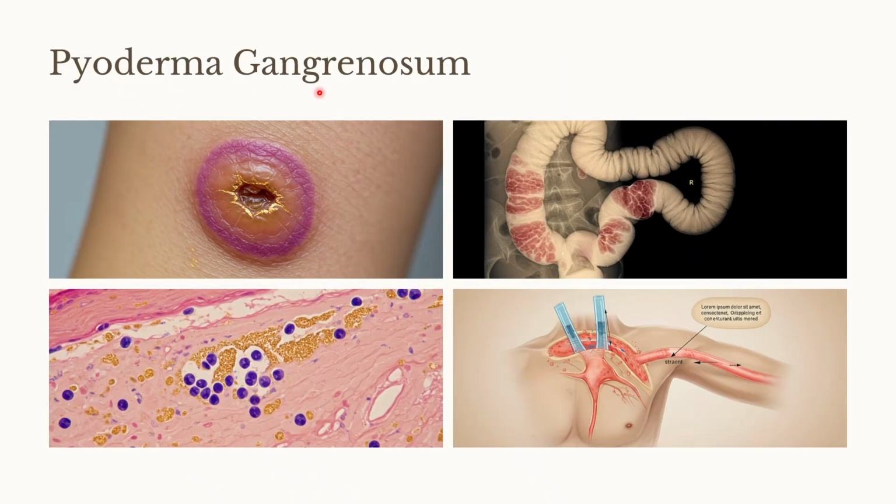What about pyoderma gangrenosum? Pyoderma gangrenosum is a skin manifestation of ulcerative colitis. Just like we have a skin manifestation of celiac disease presenting as dermatitis herpetiformis, ulcerative colitis presents with pyoderma gangrenosum.